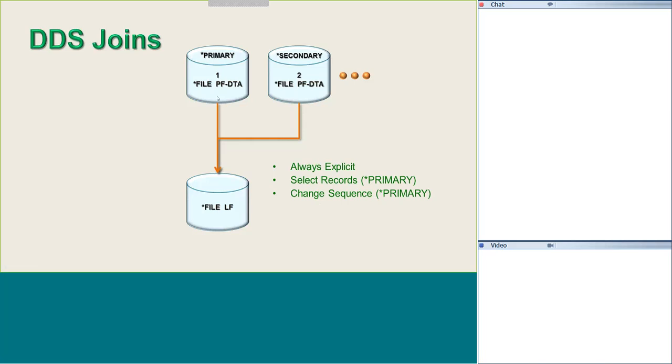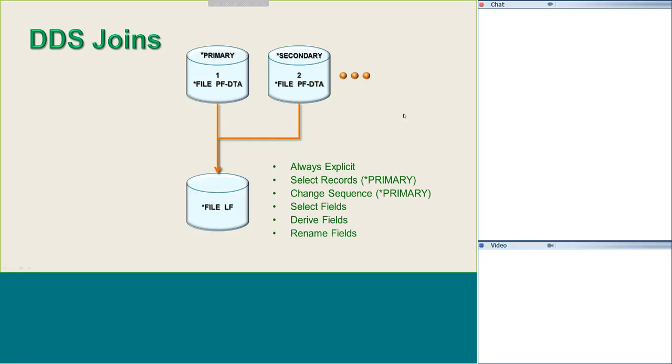So this is actually better than the DDL view because I can actually change the sequence, even though it is only from the primary file fields. I can select fields, and I can select fields from any one of the joined files. I can derive fields in the same way as I can derive from the DDS view. I can derive in this logical.